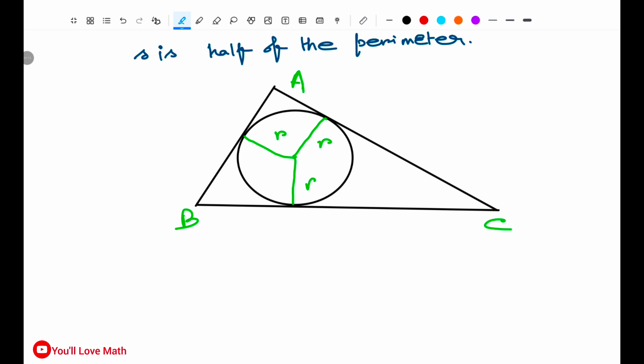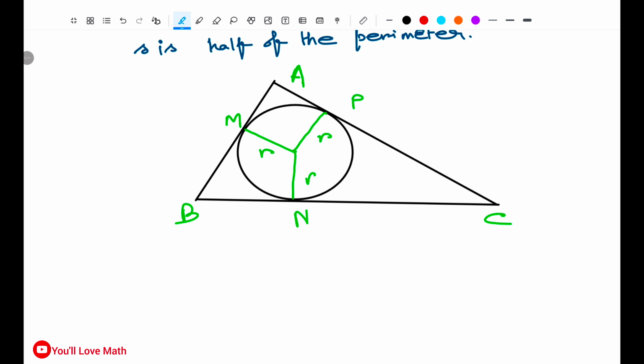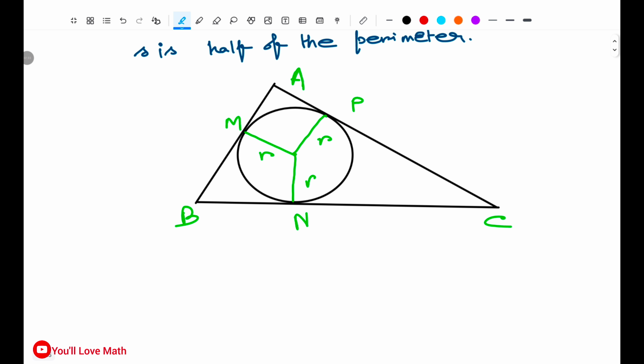Understand? So it is perpendicular, so let me draw carefully. Okay, so it is R. Fine. So the points of tangency are M, N, P. So how can we solve that problem?